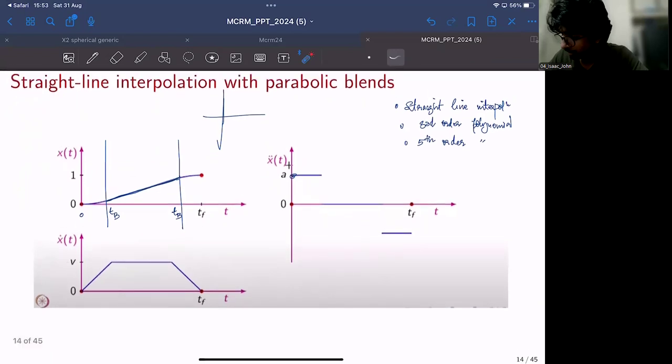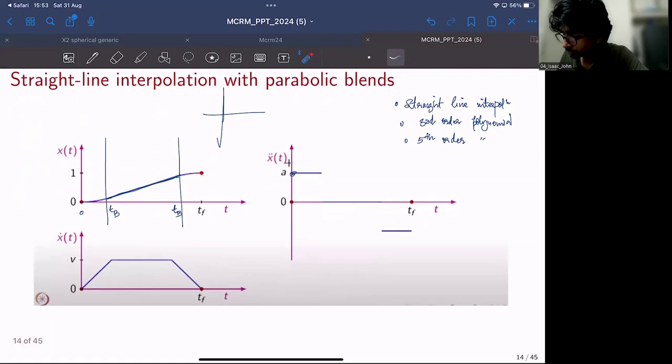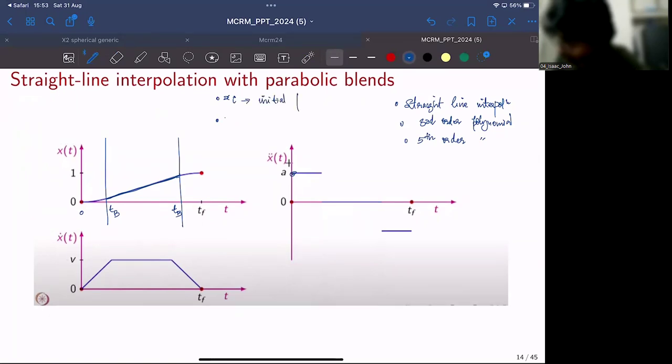Okay. So, where were we? In this case, the typical problem you could face is that you would be given an initial position and a final position. Sorry, xi would be the initial position and xf would be the final position.